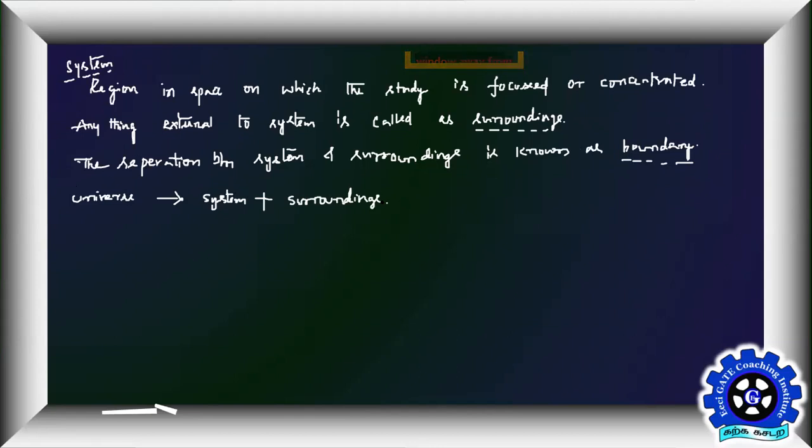These are very, very important terms which you will see rigorously in your thermodynamics classes. Whatever chapter you go to in the syllabus I have given, you will see a system, a surroundings, a boundary, and a universe.